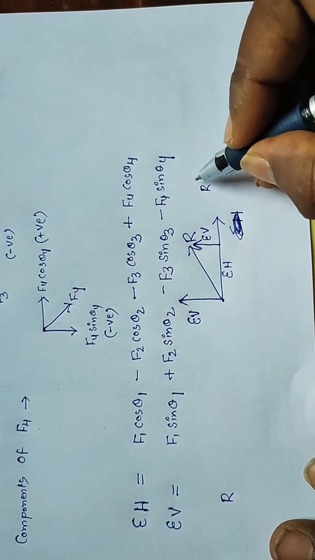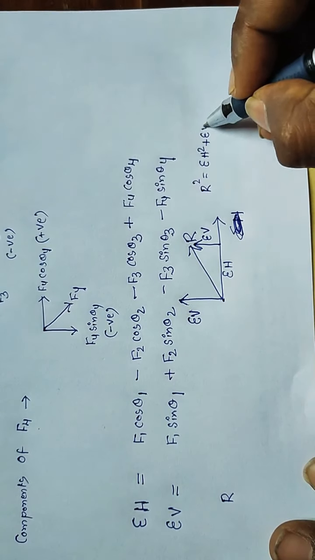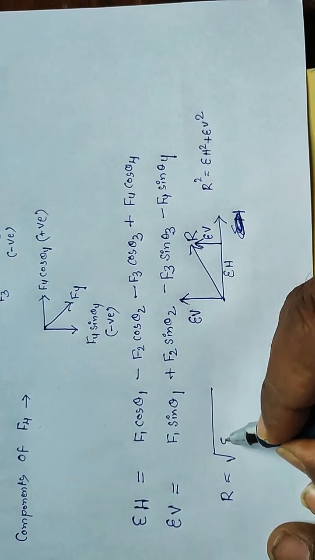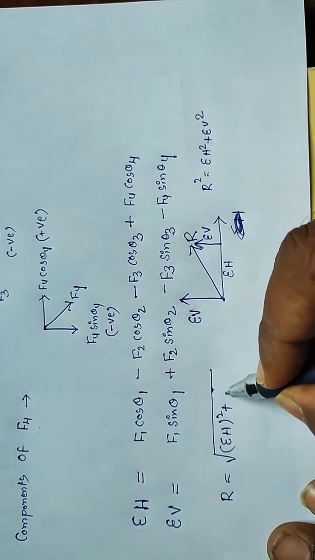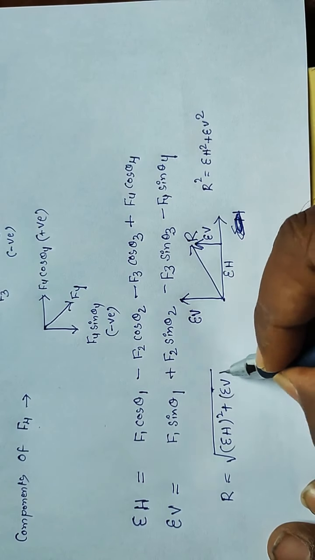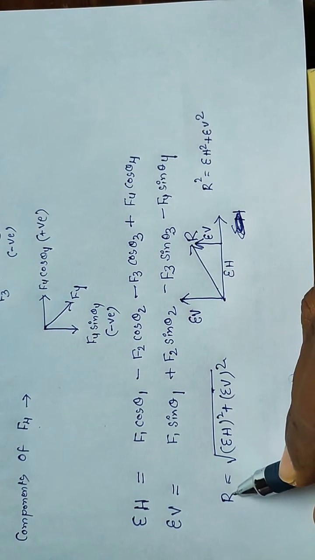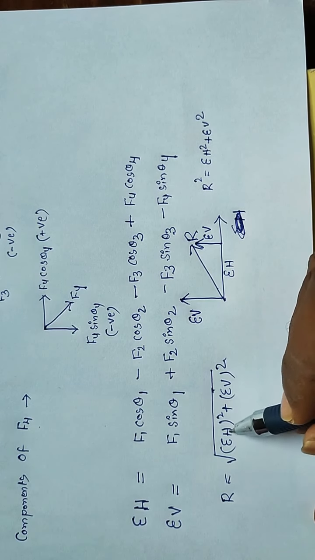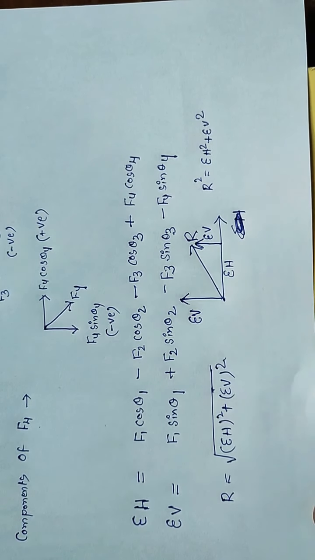So R square equals sigma h square plus sigma v square. That means R equals under root of sigma h square plus sigma v square. So the magnitude of the resultant equals under root of the summation of all the horizontal components square plus the summation of all the vertical components whole square.